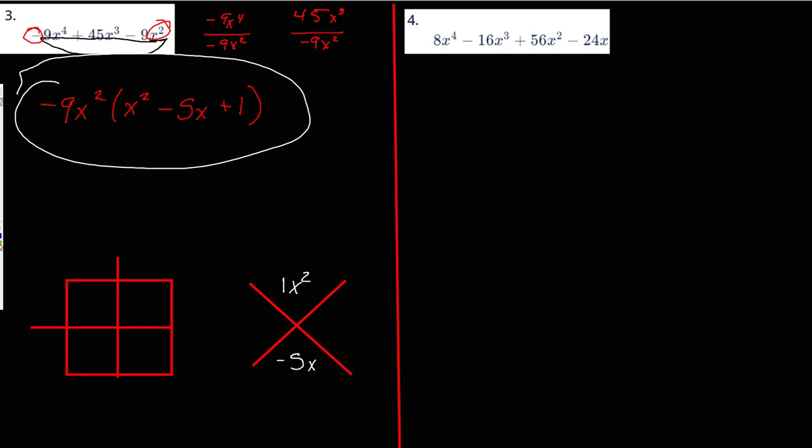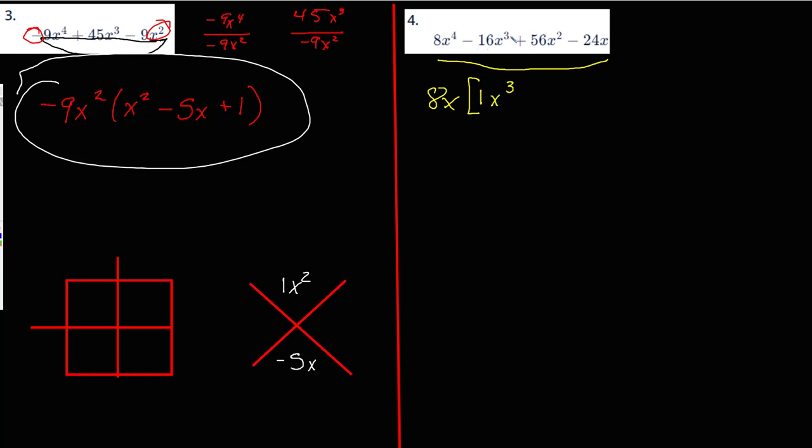So let's look at this next one. When I look at all of this, there is a common x in all of them, and an 8 can divide into all of them. So I'm going to divide them all by 8x. So 8x squared divided by 8x gives me 1x cubed.